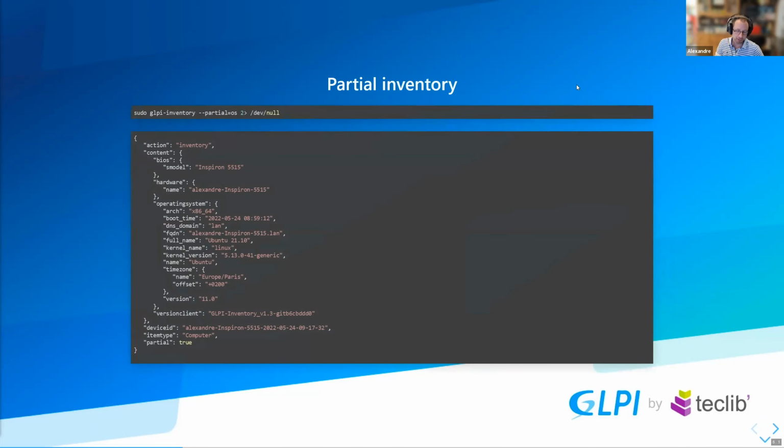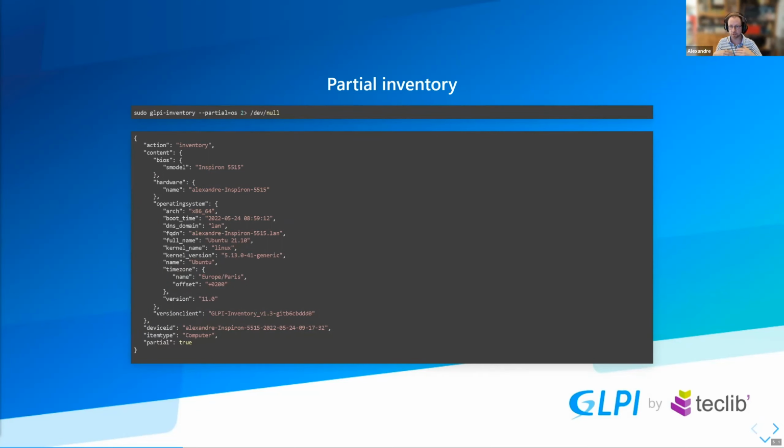We also have a big feature, and we are very proud of it. We now support partial inventory, both on the GLPI side, in the native inventory part, and in the agent. On the agent, you can test this with the partial option, and you can see the help option to learn more.